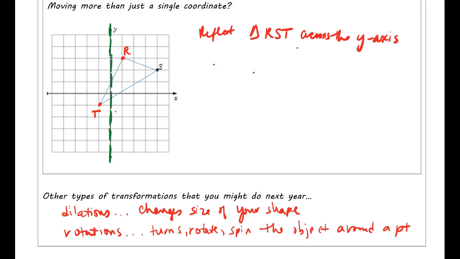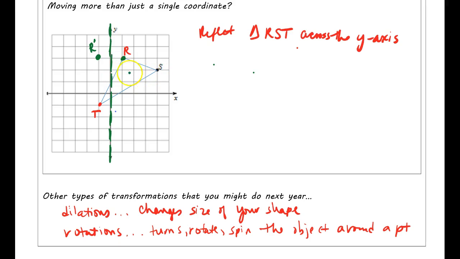Look at R. R is 1 away right here, so when I fold my piece of paper, that big dot is going to now be there. And I'm going to go ahead and label it with an R prime right off the bat, okay? Now, if you don't like having clutter with all these lines, then don't do them. You can erase those if you want, because some of y'all probably see these pretty well and don't need them.